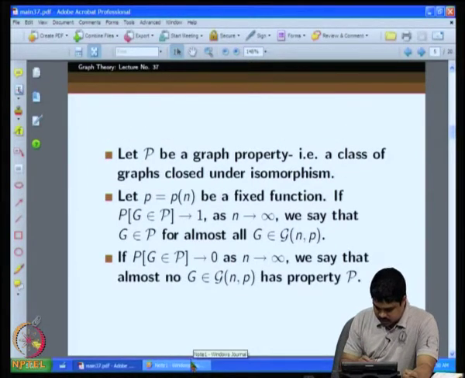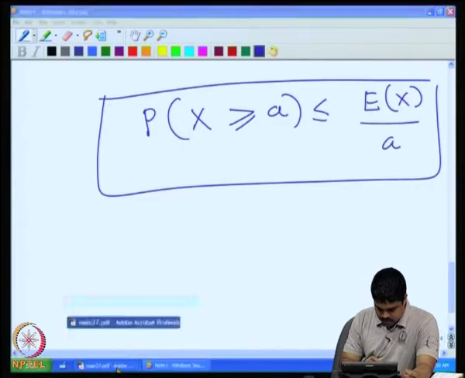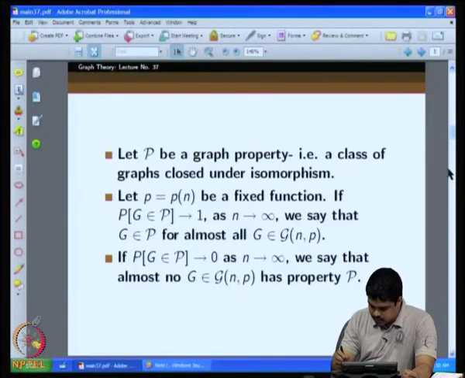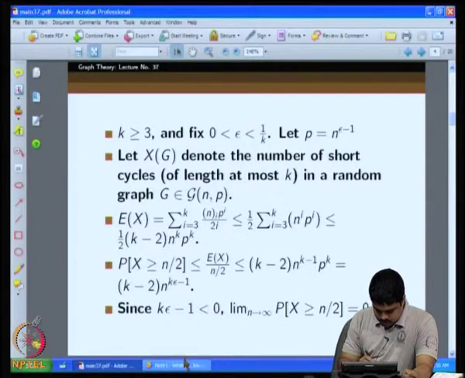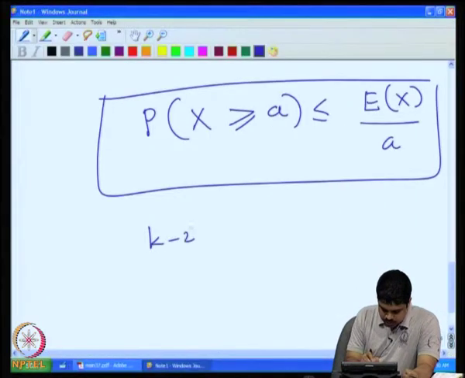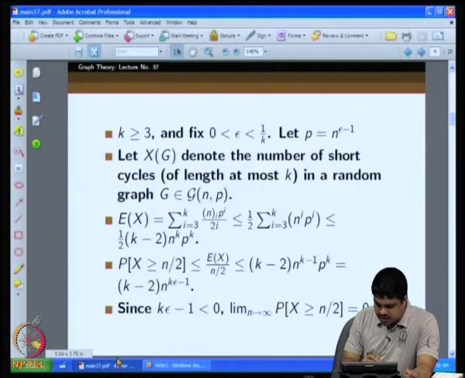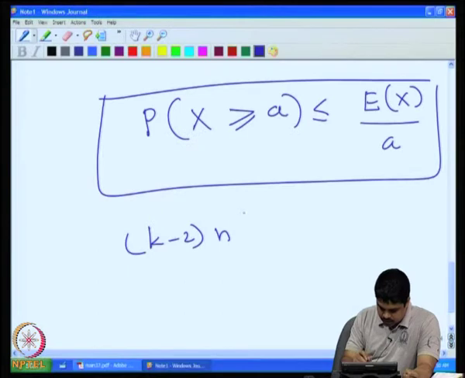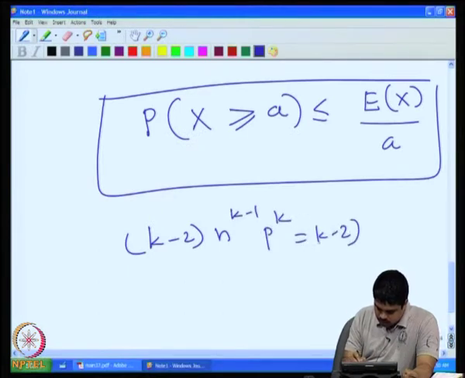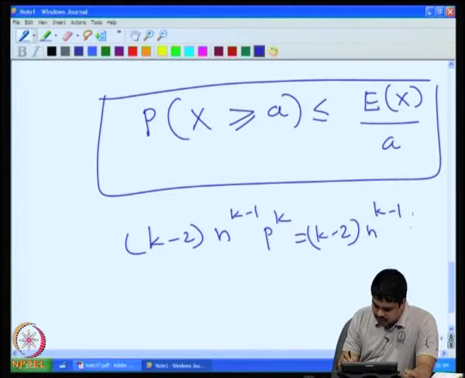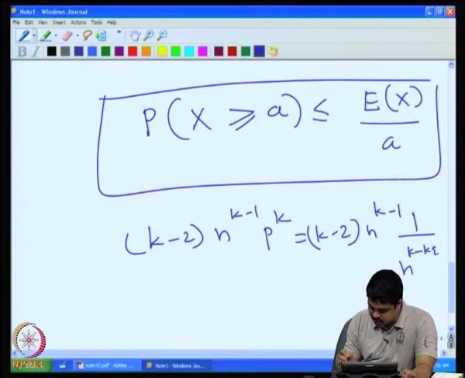So, here, let us say k minus 2 into n raised to k minus 1 into p raised to k equals k minus 2 into n raised to k minus 1 into p, which is essentially 1 by n raised to 1 minus epsilon, when you multiply by this k into k minus epsilon.